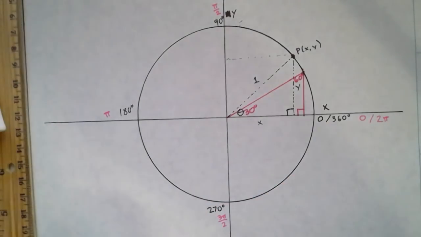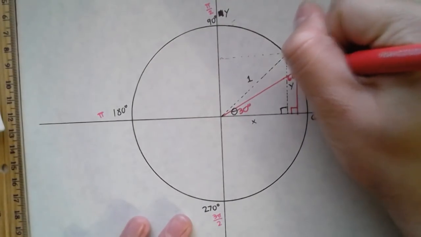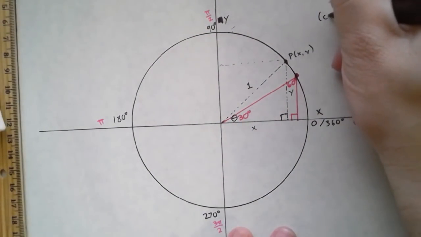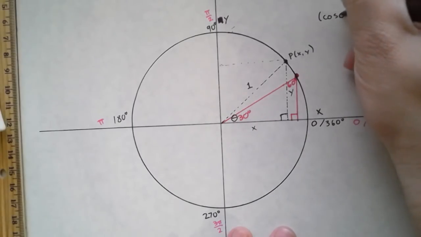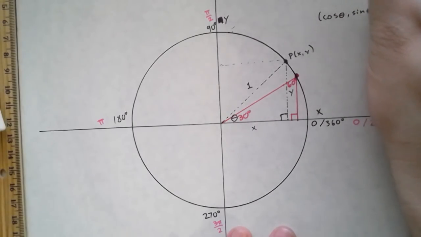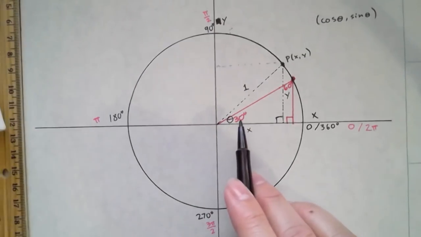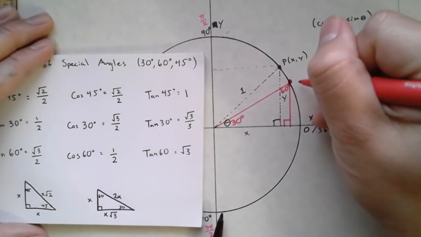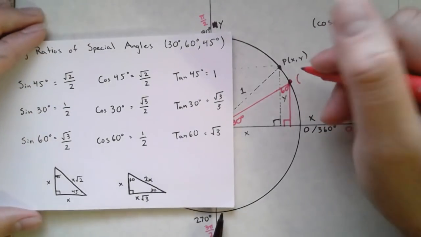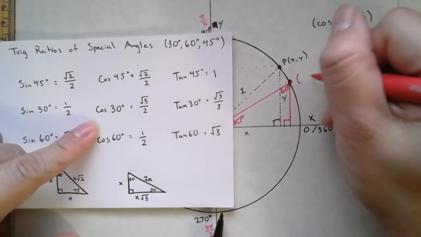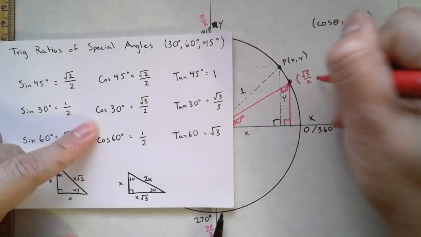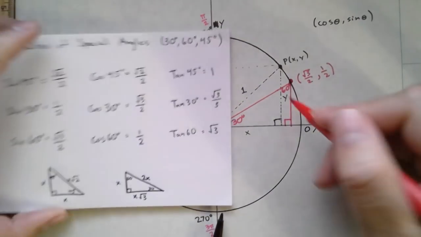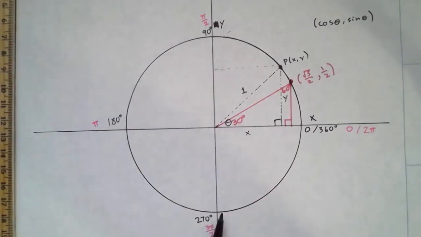So this point P, and remember that we just defined that all the points along the circle will be cosine theta, comma, sine theta. So using my angle of 30 degrees, I know that this first point will be cosine of 30, radical 3 over 2, comma, 1/2. Okay, and that's the way this works, and we're going to be going all around.